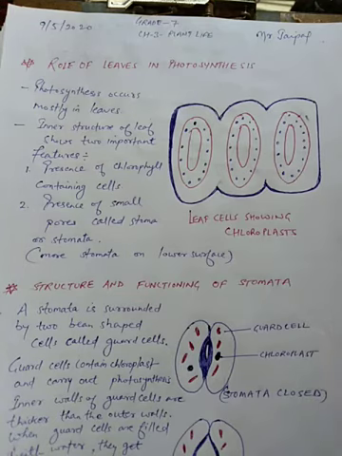Now students, many times I have already told you that leaves play a major role in the process of photosynthesis. Why? Because the leaves contain small pores which are known as stomata. The inner structure of leaves shows two important features.